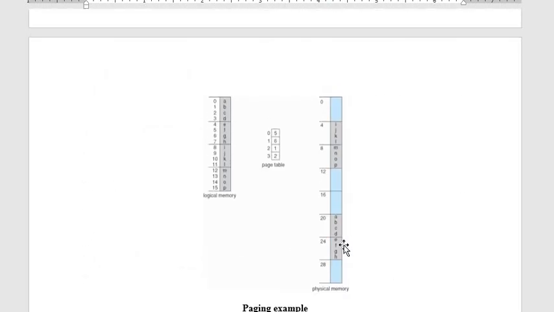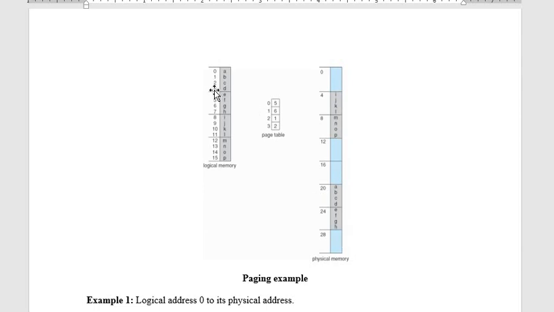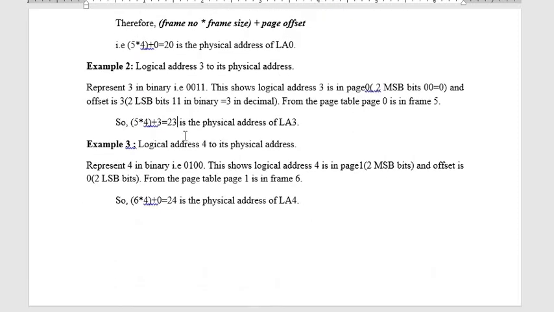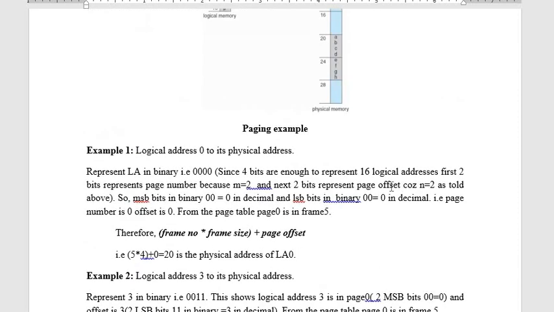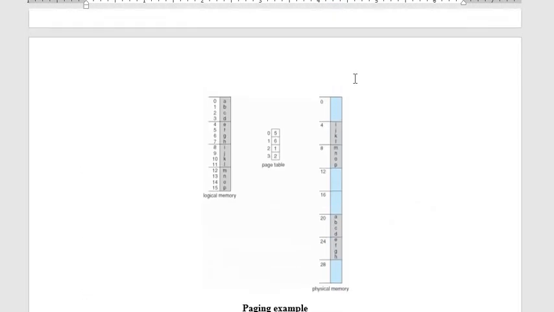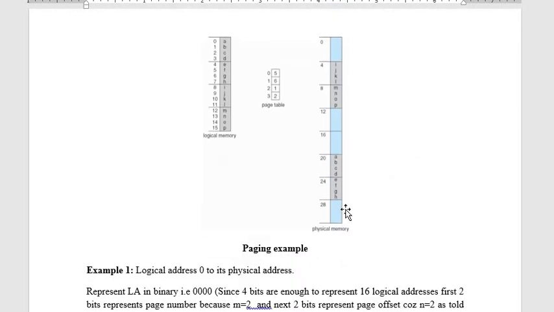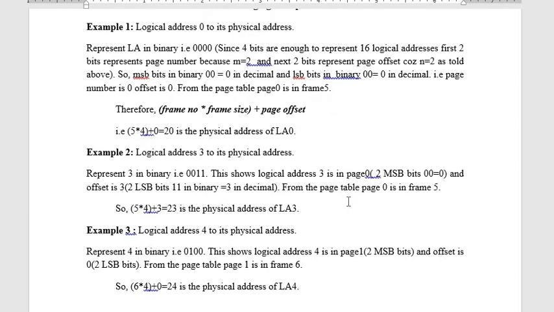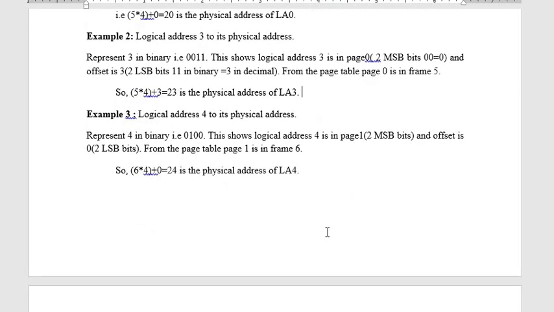So you could just see here, it is present at 20. What is the answer? 23. Yes, we were looking into D, right? Logical address D. So 20, 21, 22, 23. So A is at 20, B is at 21, C at 22, D at 23. So that's the physical address.